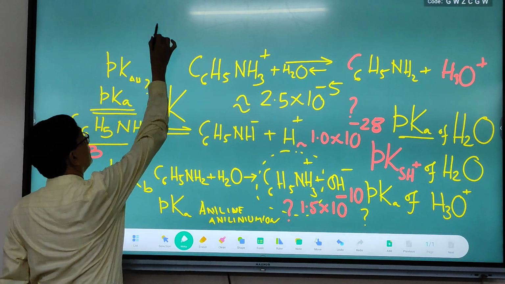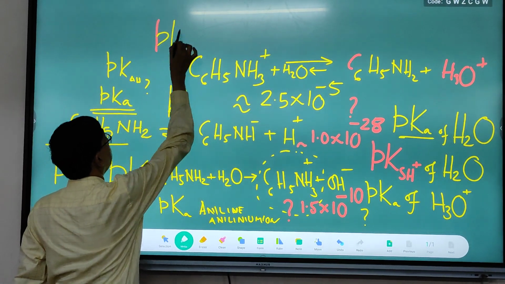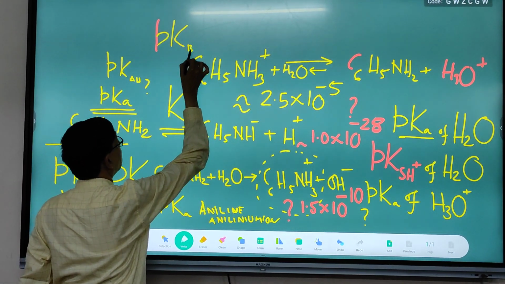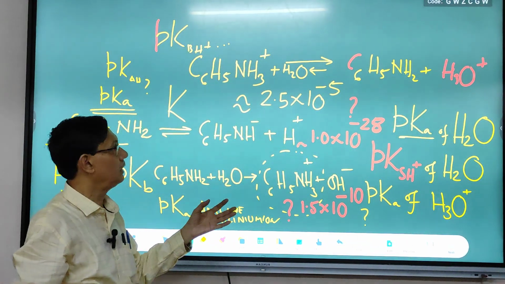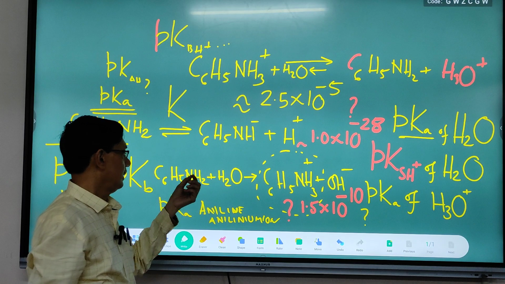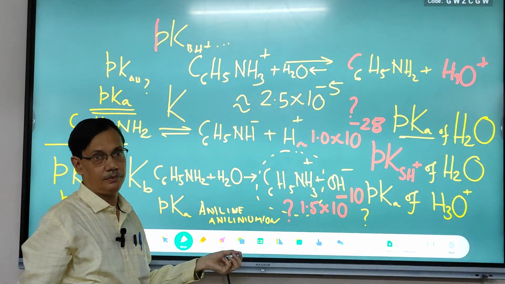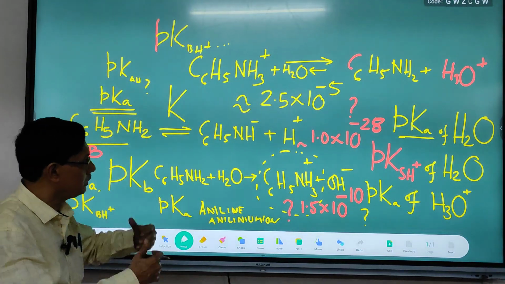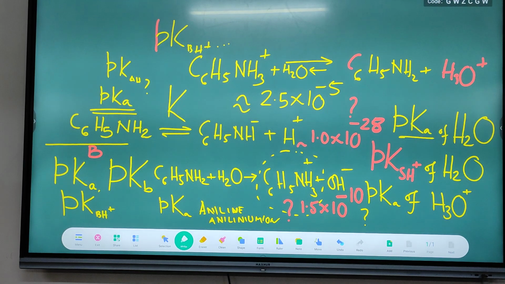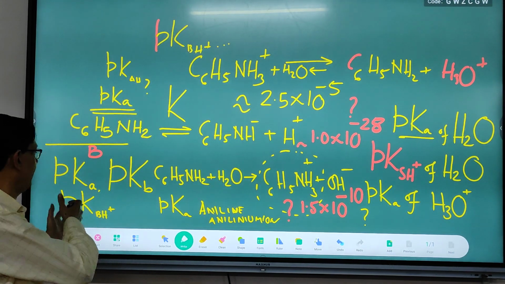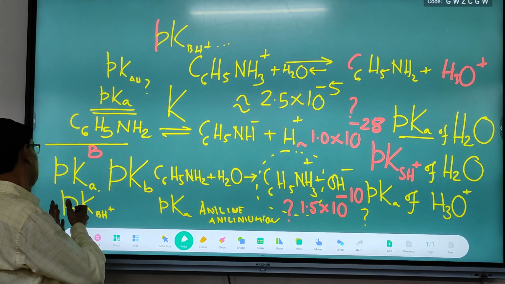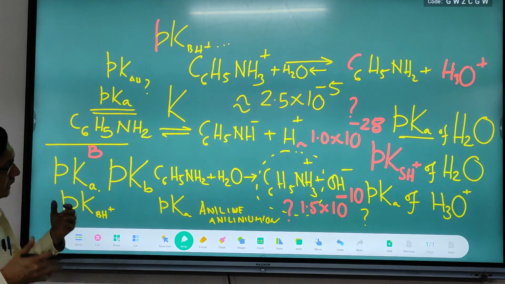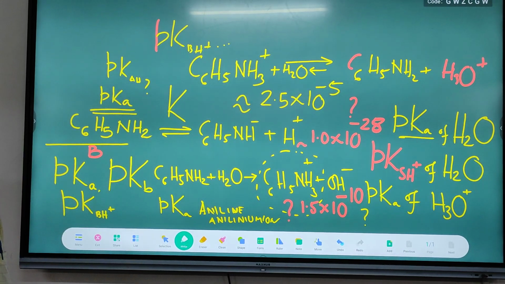So there are two terminologies: pKBH plus of aniline. In order to avoid all such ambiguities, whether we should use pKa, pKb or pKBH plus, such acid-base concepts are very important.